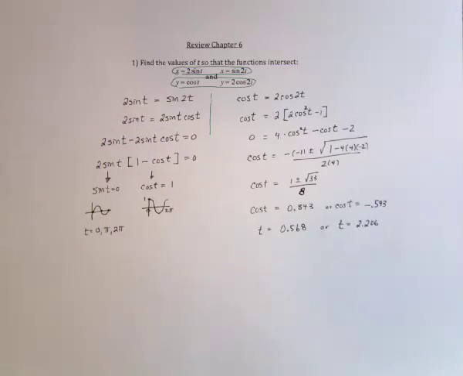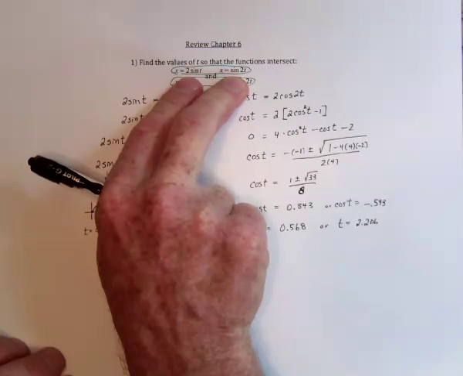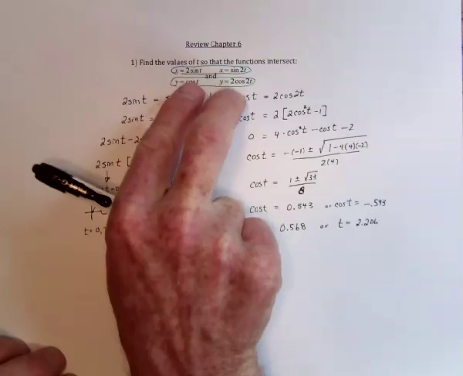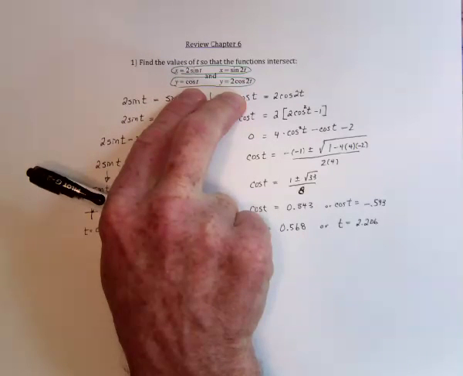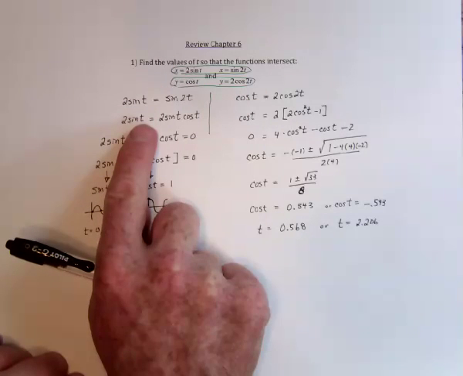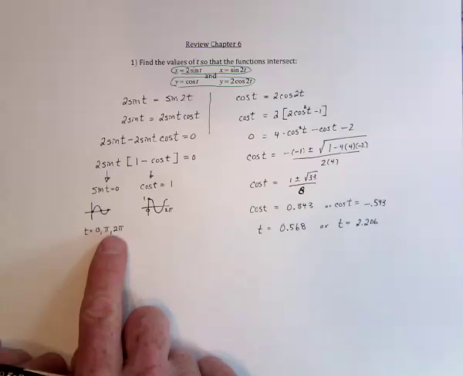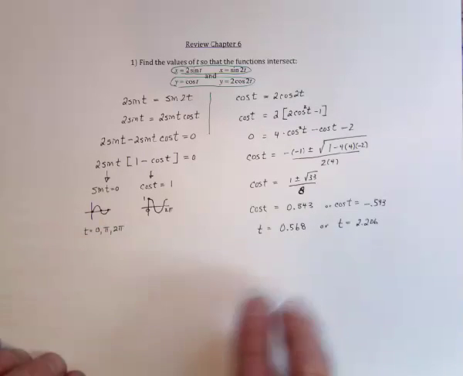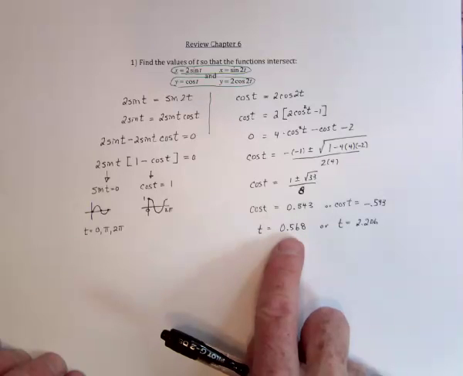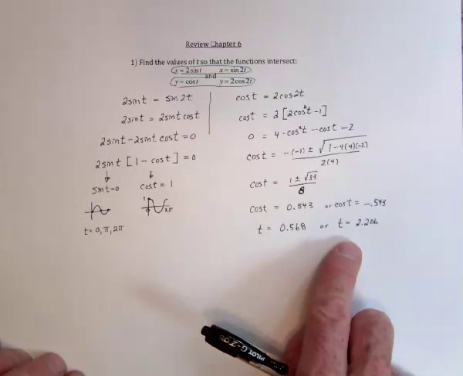Now, as I've said a couple of times, in order for these functions to intersect, the x has to equal the x and the y has to equal the y. Well, you can think of this t as time. So over here we said, when is the x going to equal the x? That's at the time 0 and pi and 2 pi. And when is the y equal to the y? That's at time 0.568 and 2.206.